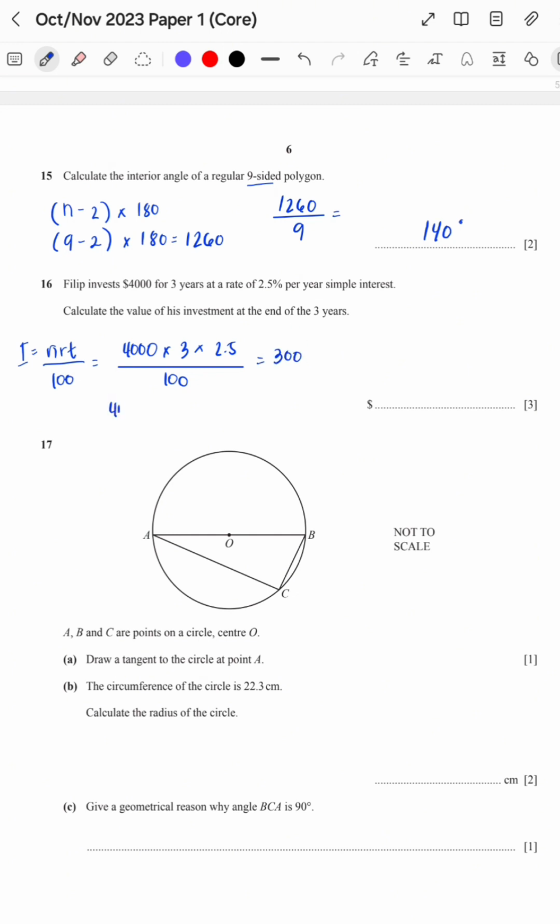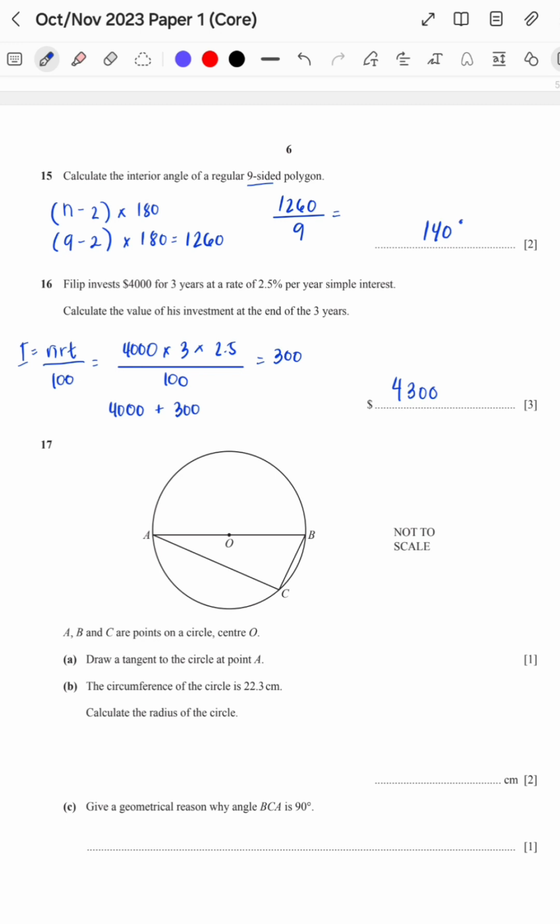So that's $4,000, Philip's initial investment, plus 300. So at the end of 3 years, he'll get $4,300. Question number 17. A, B, and C are points on a circle with center O.